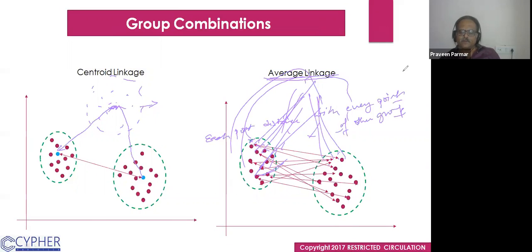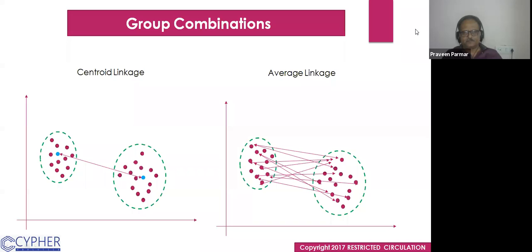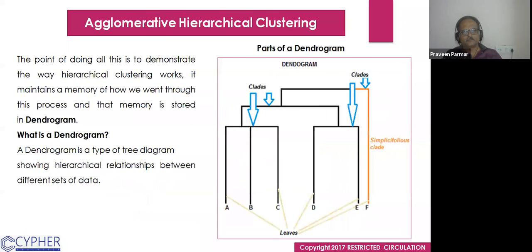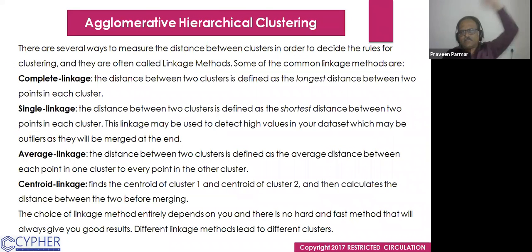So we come back to our script. Complete linkage I explained, single linkage also I have described. The distance between two clusters is defined as the shortest distance between two points, one in each cluster.